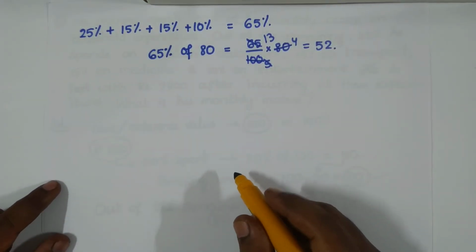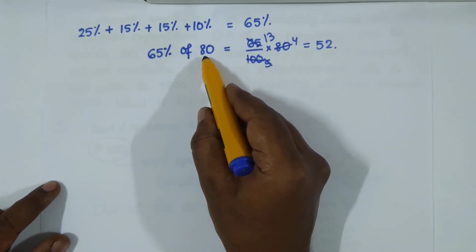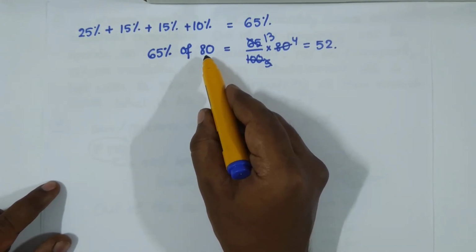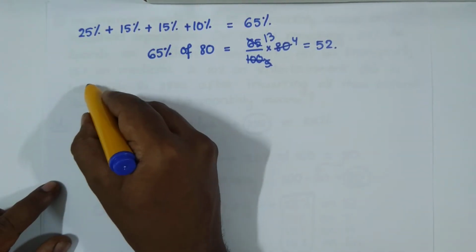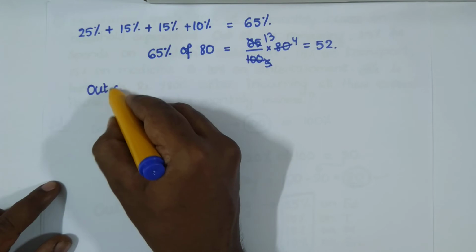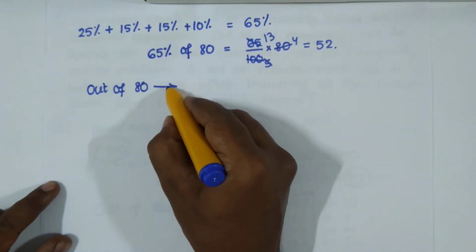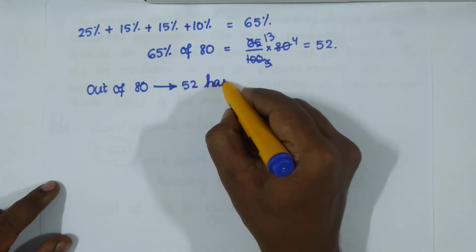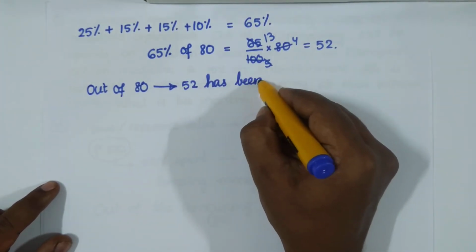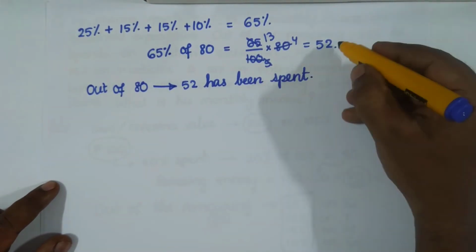So out of 80 rupees, or out of the remaining, what he has spent is 52. Yes or not? Out of 80, 52 has been spent.